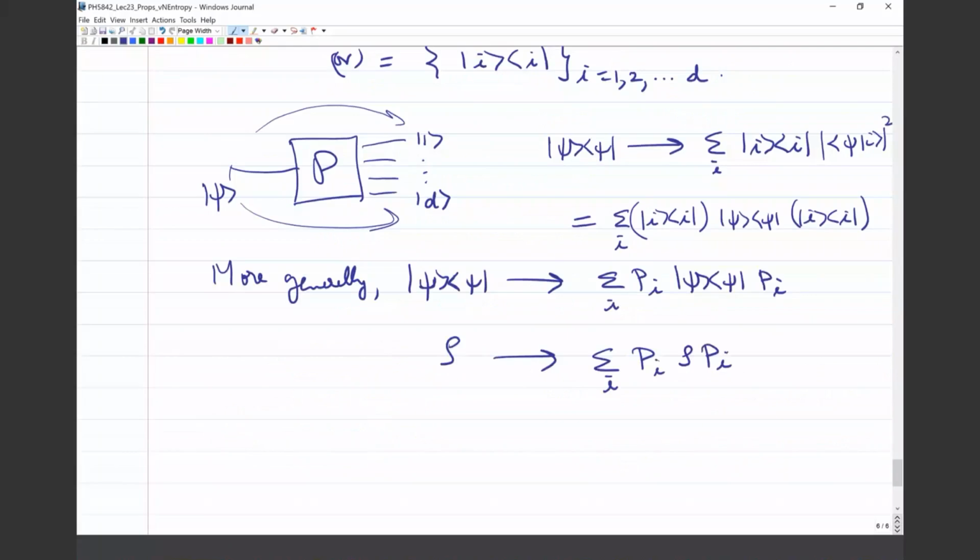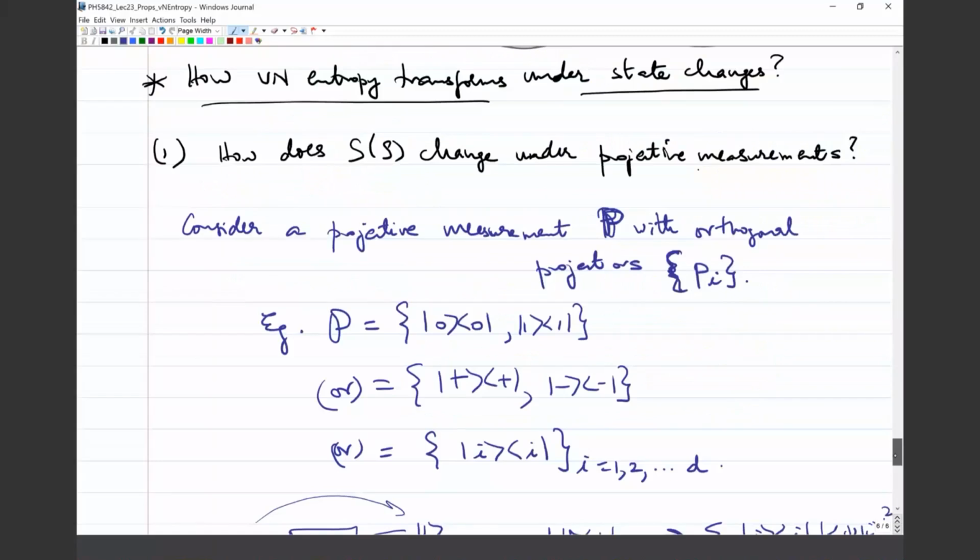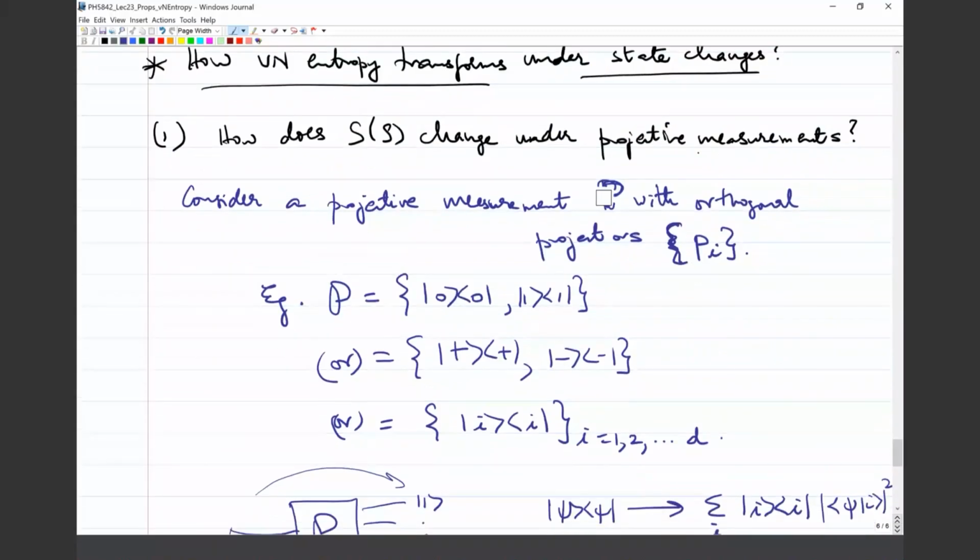So all of this was to just lead up to this. This is the most general transformation under measurement of a density operator, well, under a projective measurement. Of course, we know there are things like POVMs and so on, but projective measurements are an important enough class that we can first try to understand what happens to the entropy under just a projective measurement.